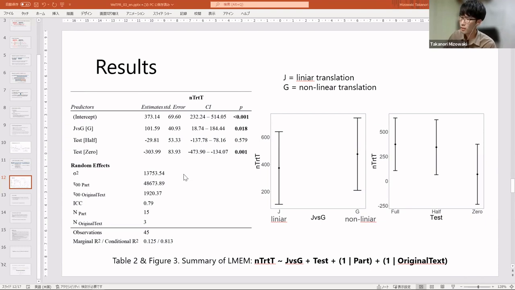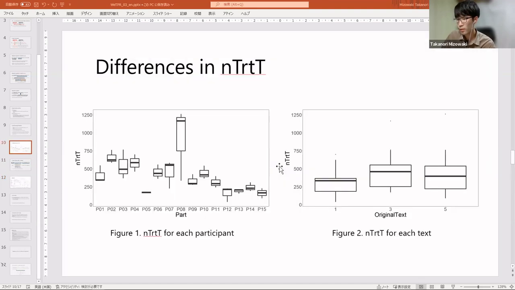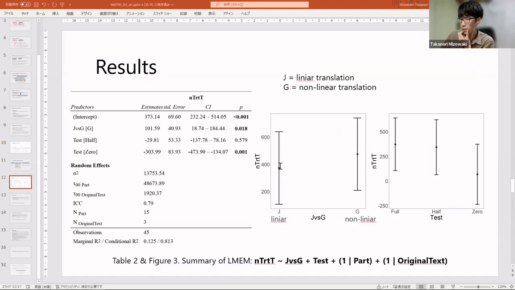I was wondering if there was a number that came out of that, like how much reduction there was. I'm thinking of the graph on the right. You had two graphs, and the one on the right showed that the reading effort reduced. I think it was before this. We can calculate the number by average, but that statistical model doesn't really give you the percentage. I see. But we can calculate. Okay.